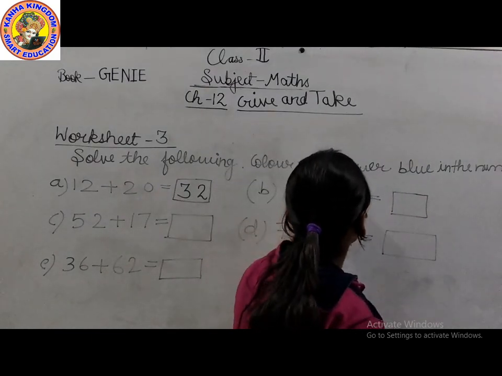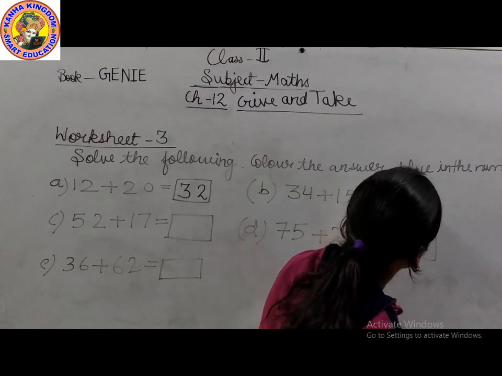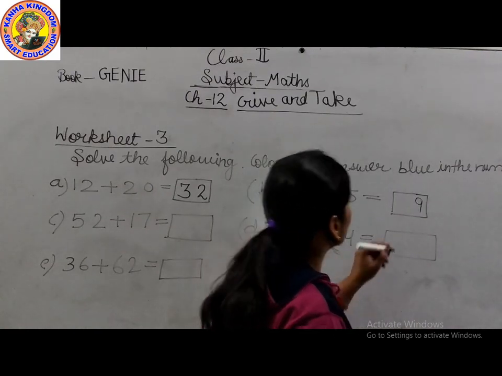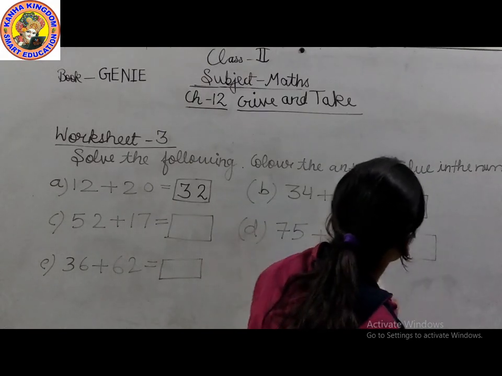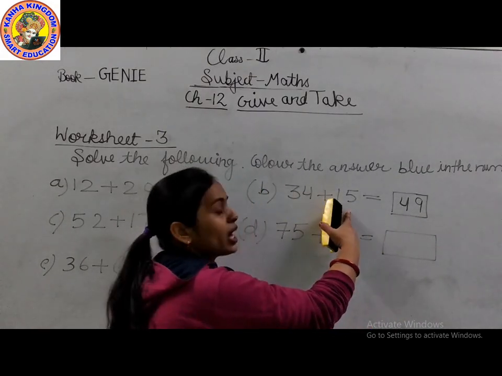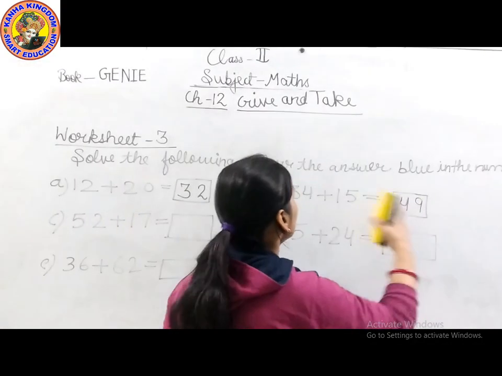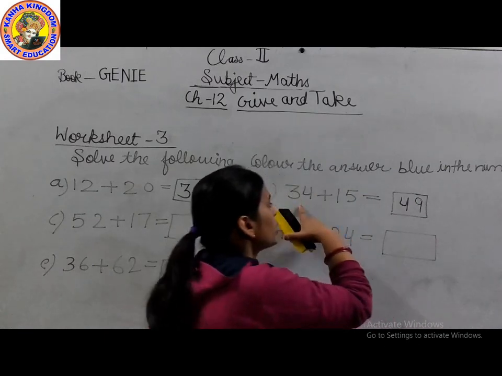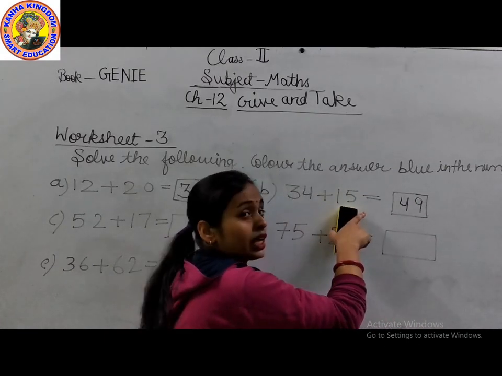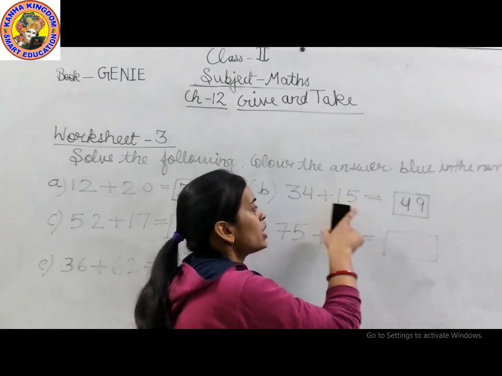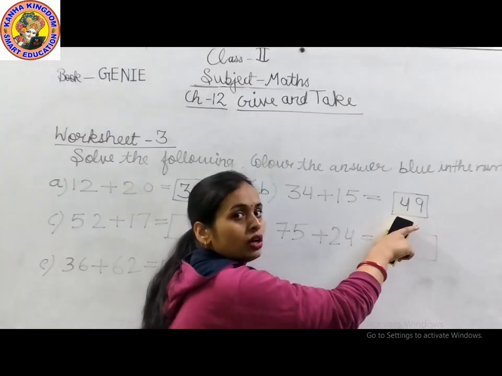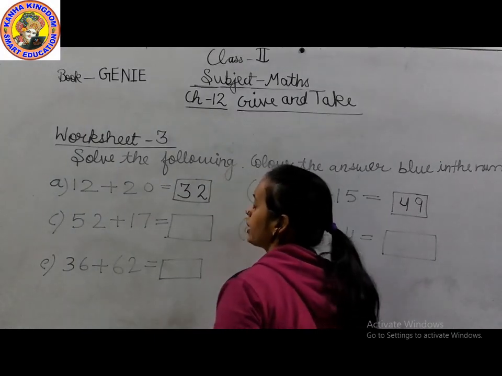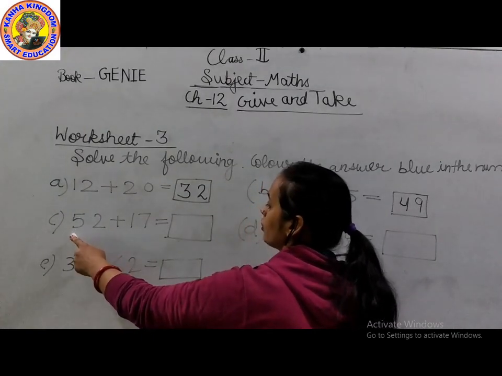So 4 plus 5, 9. 3 plus 1, 4. So 34 plus 15 equals to 49.